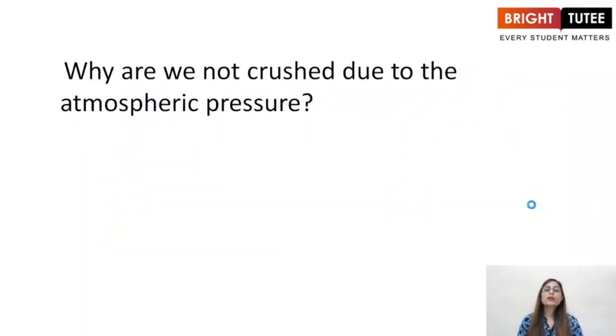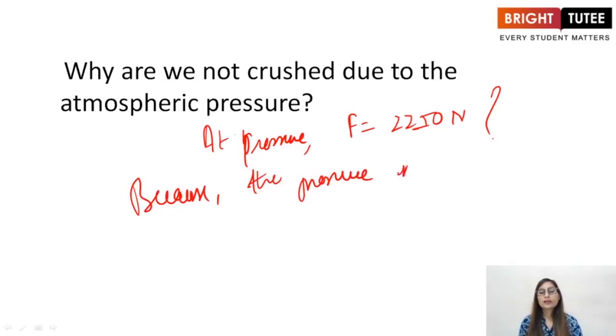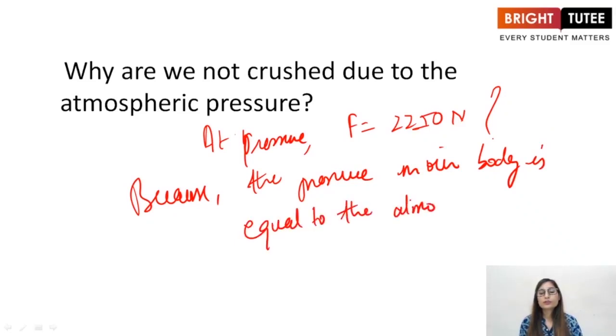Next question, why are we not crushed due to the atmospheric pressure? As we know, atmospheric pressure, the force applied by atmospheric pressure is equal to 2250 Newton. Then why are we not crushed? Because the pressure in our body is equal to the atmospheric pressure.